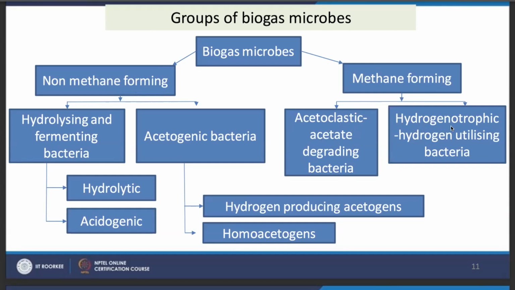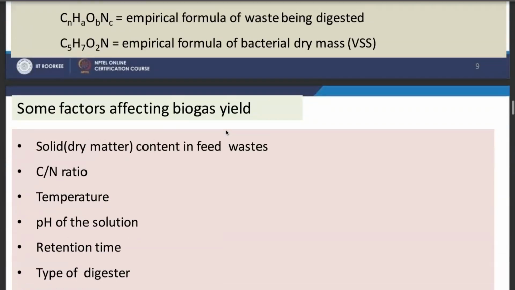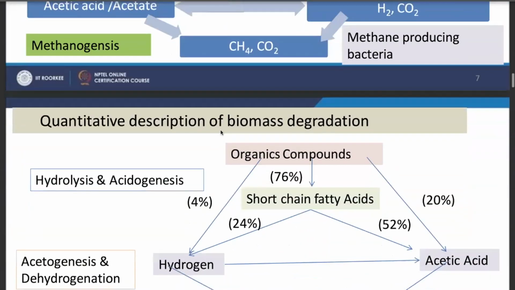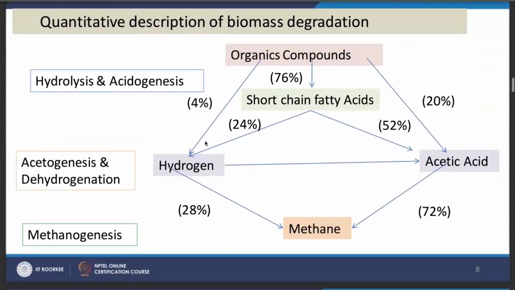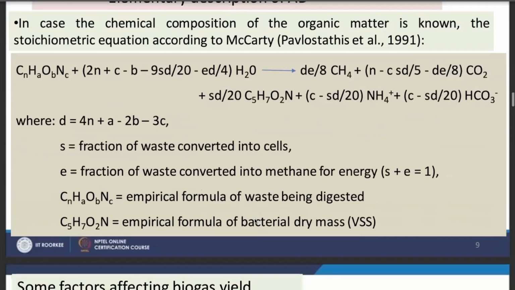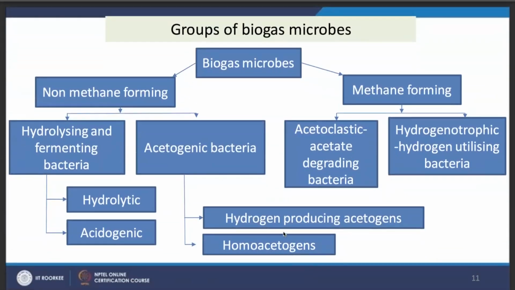Next is the hydrogenotrophic microbe, which is a hydrogen utilizing bacteria. If you remember, we have hydrogen as a product as well as acetic acid as a product. So the microbes which produce methane from acetic acid are called acetoclastic. The microbes which produce methane from hydrogen are called hydrogenotrophic microbes. I hope this is clear.